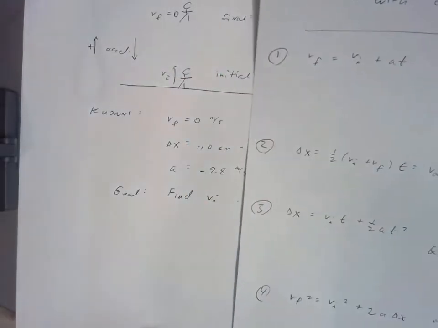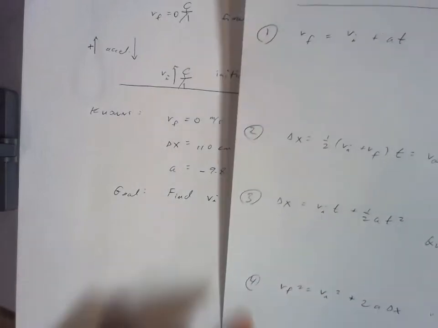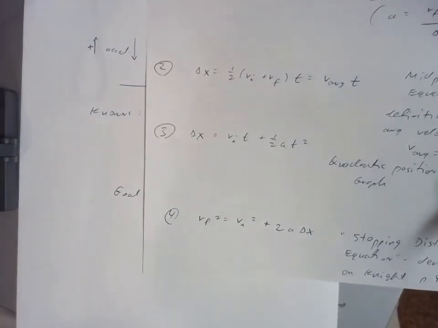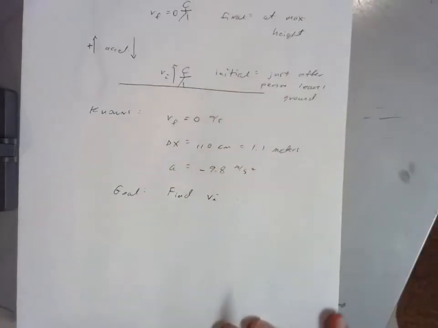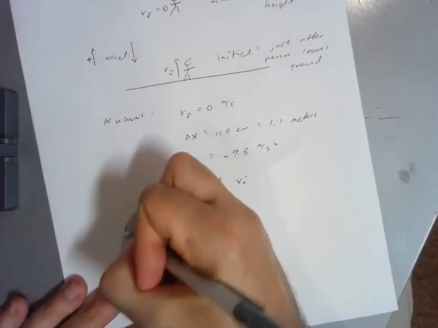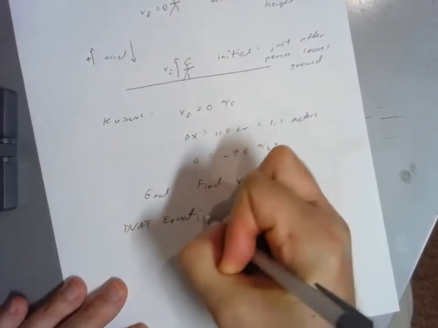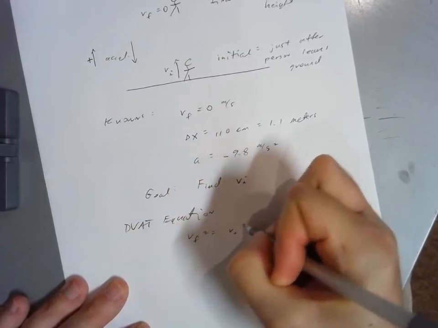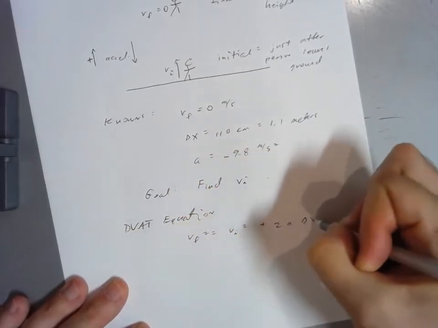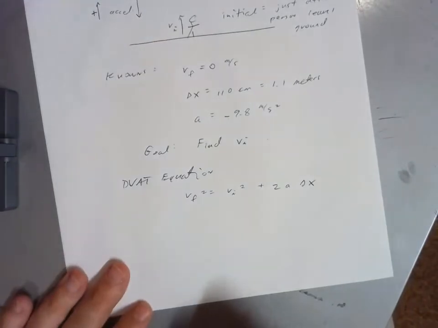I could use a different equation and maybe solve for time first, and then go back and solve for VI, but it's fastest just to use this one because it's 1 step. So we're going to write down our DVAT equation. Equation 4: VF squared is equal to VI squared plus 2a delta x. We're going to solve it for the unknown.